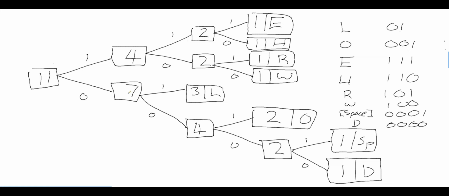See that the next bit is a 1, so we go up the branch of the tree with a 1, and we come to a node with no further branches, and we see that it's an L. And that's how you decode Huffman code. You simply traverse the tree using the code that you want to decode, until you come to a node with no further branches coming off it, and you know that code is representing that particular character.